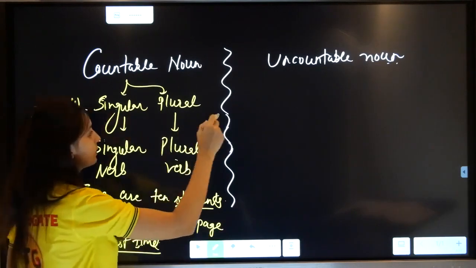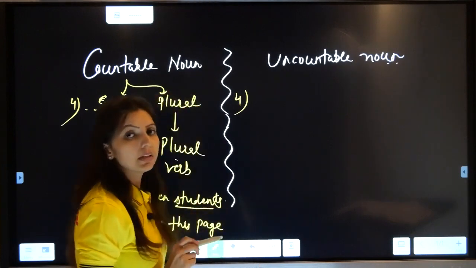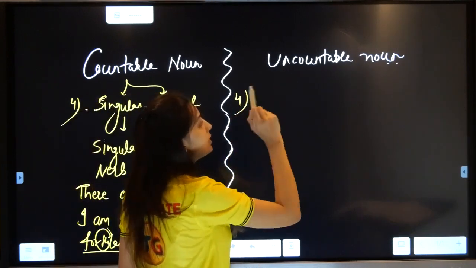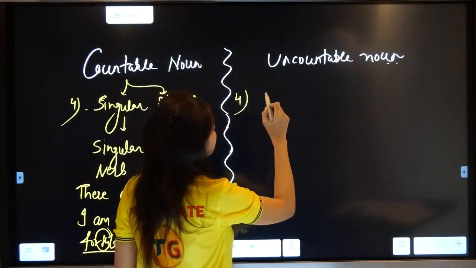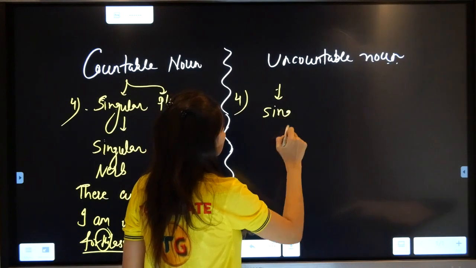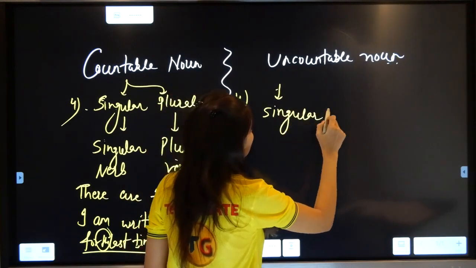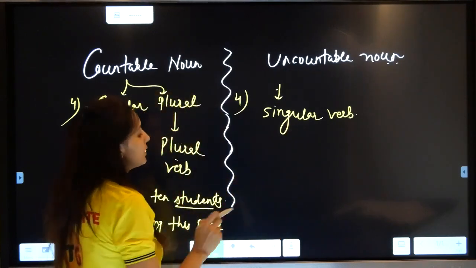Now, come to this side. In case of an uncountable noun, you will always be using a singular verb.